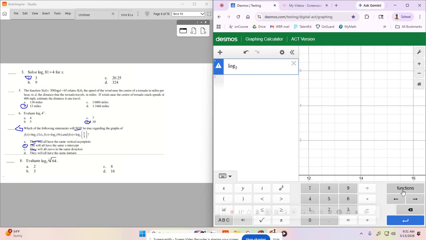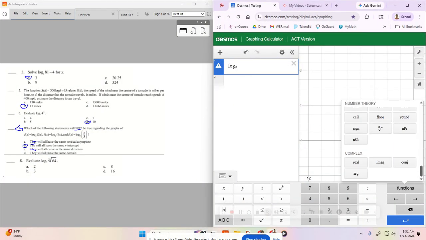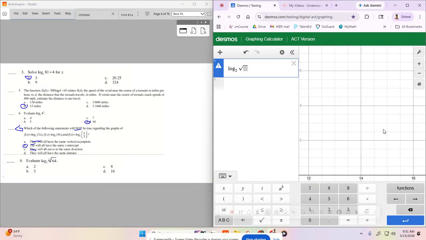For cube roots, we go to the functions, all the way at the bottom, I see the nth root function. I want to make that a 3, and then under the radical, 64. Sorry, yes, log 2, cube root, 64.